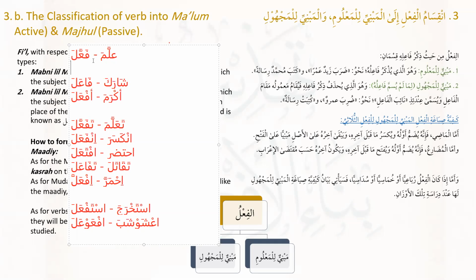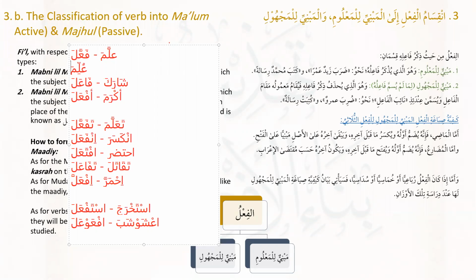Put a dhamma on the first letter and a kasra on the second last letter. عُلِم. أحسنت. عُلِم.